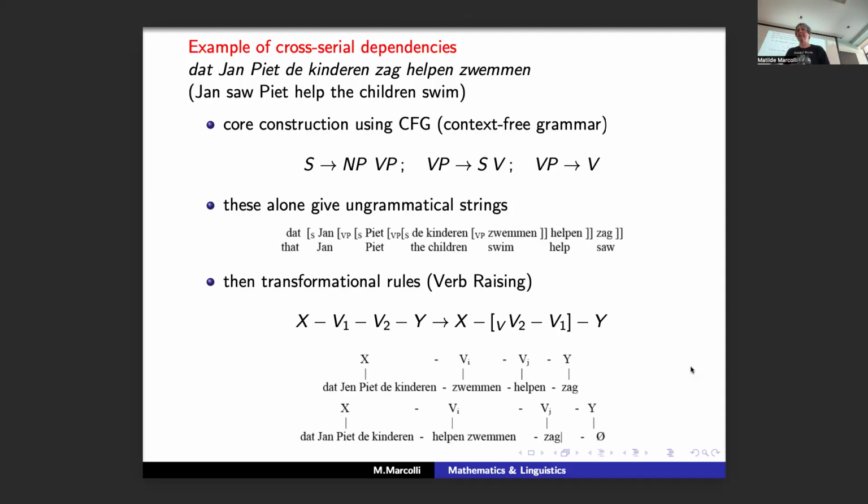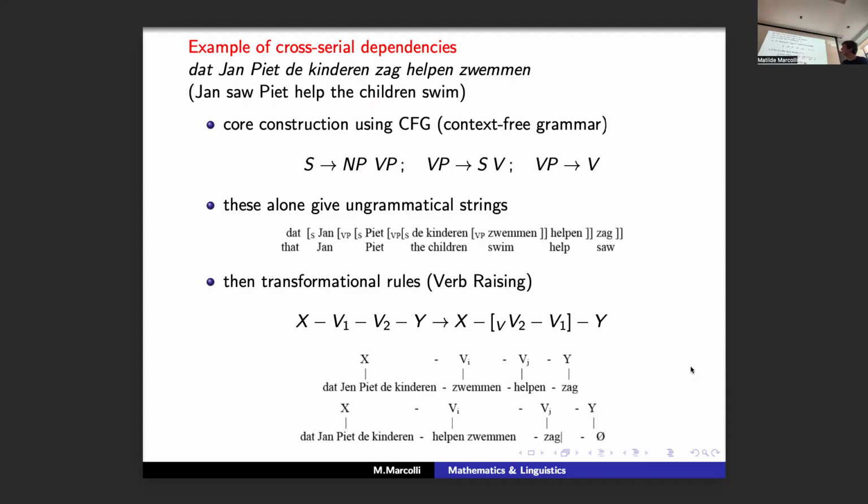So, for example, coming back to our favorite language for counterexamples, if you want to capture these Dutch cross-serial dependencies, in English you will have something like "saw, help, swim." But of course, in a language like Dutch, where you have this cross-serial dependency, you will have all the nouns coming up first and all the verbs coming up after in this crossed form.